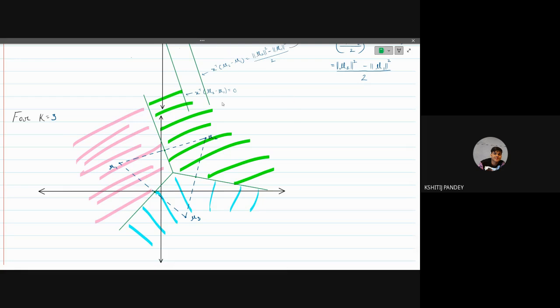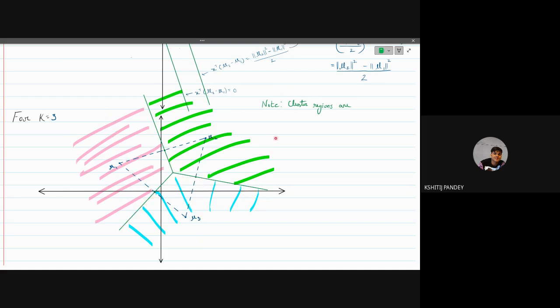One important note here is that your cluster regions are intersections of half spaces. And what do we mean by half spaces? Well, any line, let's say we talk about this line. This line divides your entire plane in two halves, right? Similarly, this line also divides your plane into two halves, and similarly for this line.